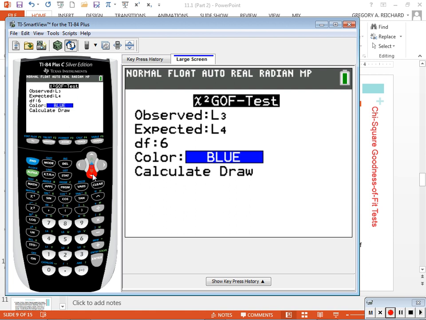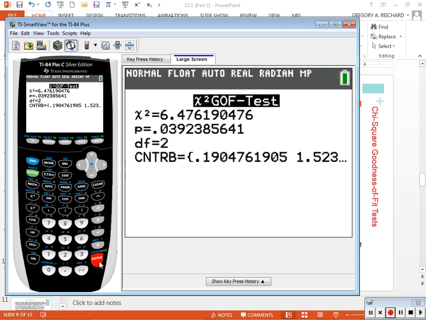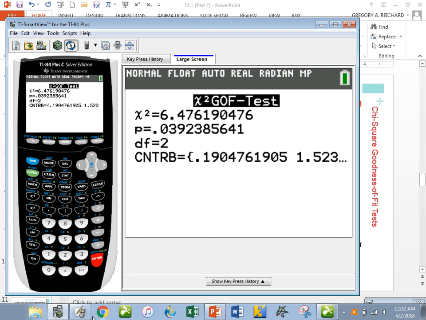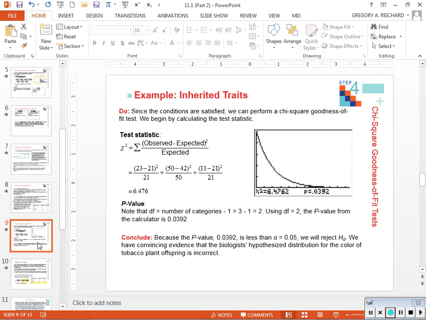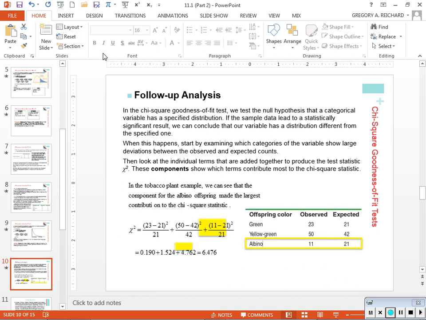Because there were only 3 categories, this has 2 degrees of freedom. And then when I go to Calculate, here's the test statistic and here's the p-value that goes with that. So that's, once again, just how you would do that in your calculator.